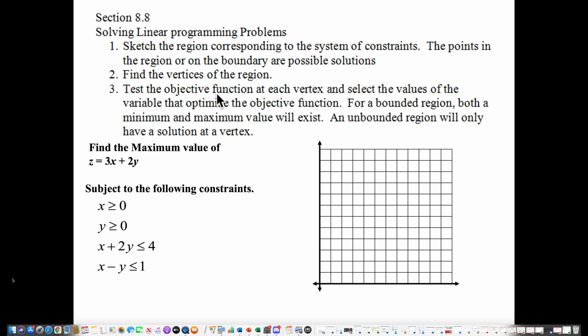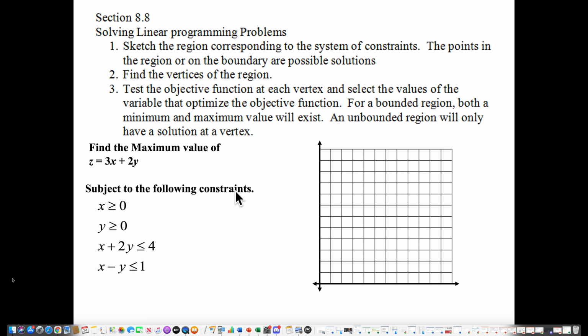So we're going to test the objective function at each vertex and select the values of the variables that optimize the objective function. For a bounded region, both a minimum and maximum value will exist. An unbounded region will only have a solution at a vertex. That's if our shading goes on continuously in one direction.